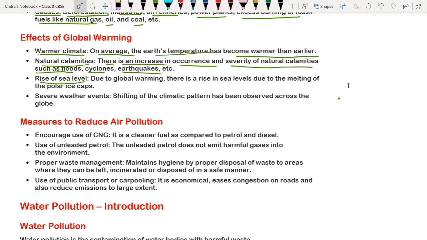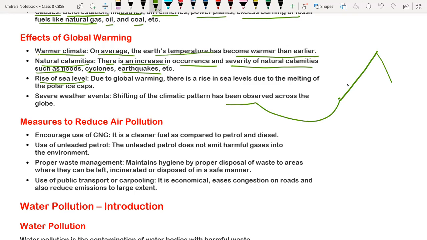Due to the increase in temperature of the atmosphere, in the polar region we have glaciers. These glaciers will melt due to the increase in temperature and will cause a rise in the water level of the ocean, due to which the pattern of the rain will change.